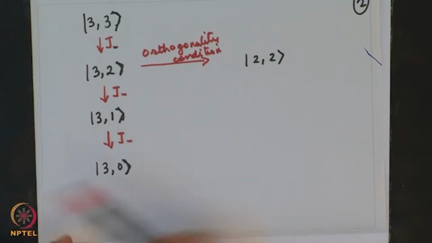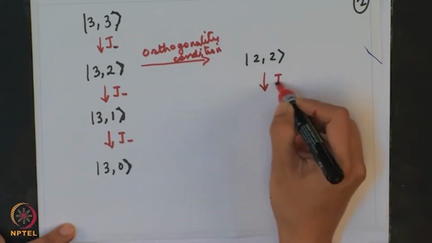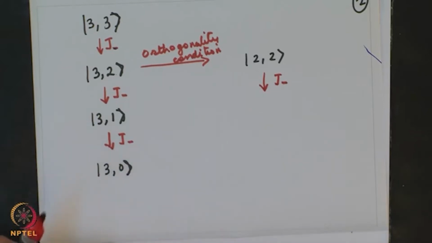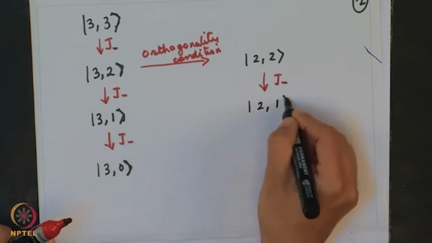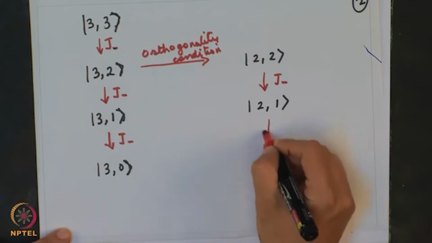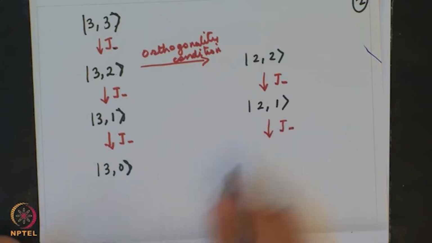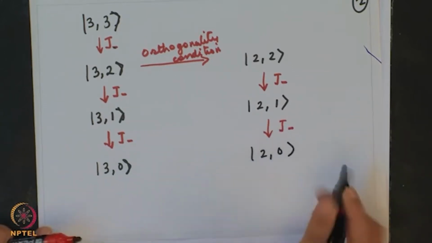Now, you go down the ladder in the state 2 1 by applying the ladder operator J minus, again I obtain 2 comma 0.